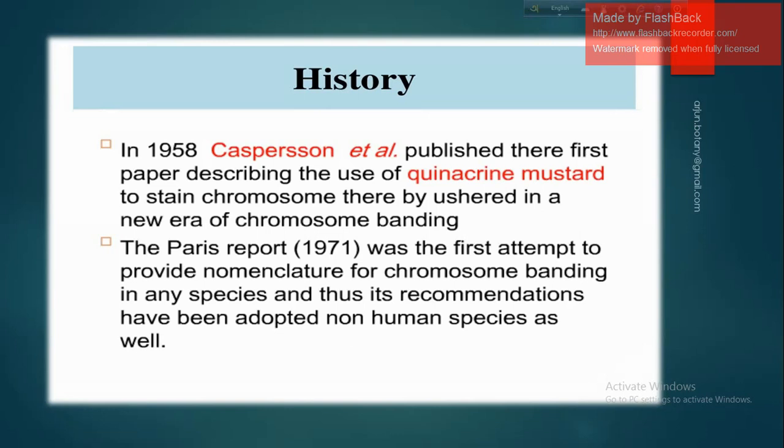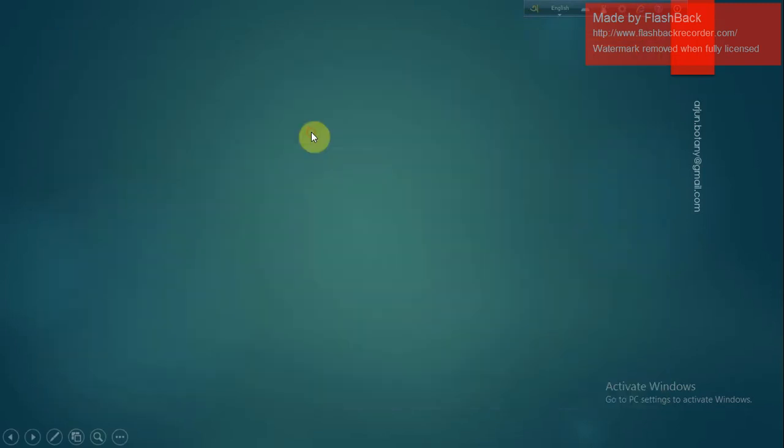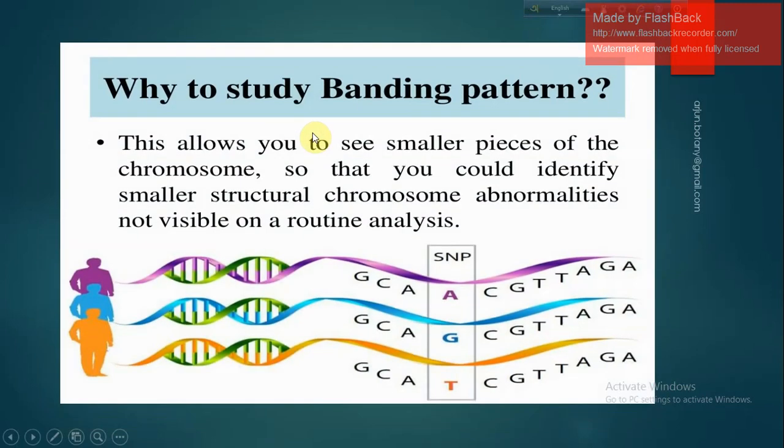The Paris report of 1971 was the first attempt to provide nomenclature on the basis of chromosome banding. The nomenclature of chromosome banding is mainly based on the different chemicals utilized to form chromosome bands. We study the banding pattern because a band reveals a specific region or sequence.